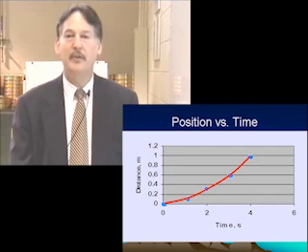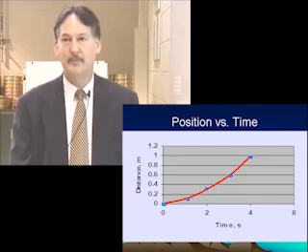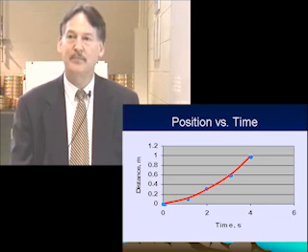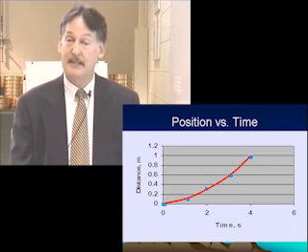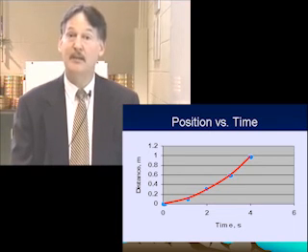Well, in the first data set, we found that x was 0.2 meters. In other words, the object wasn't moving. And then in the second data set, we found that x was 0.2 meters per second times the time. The object was moving in a straight line at constant speed.